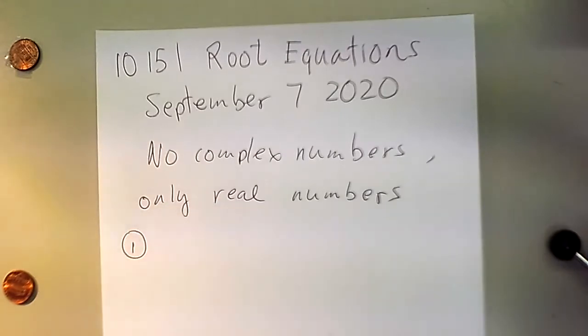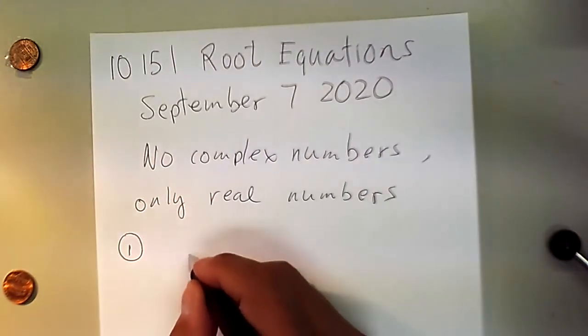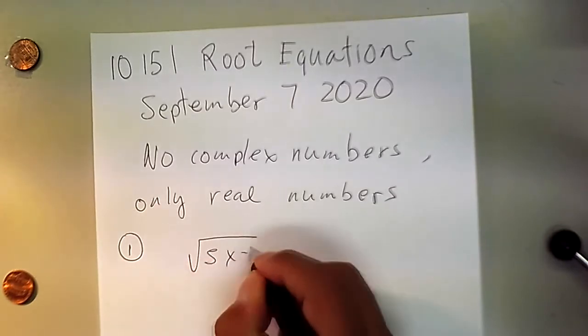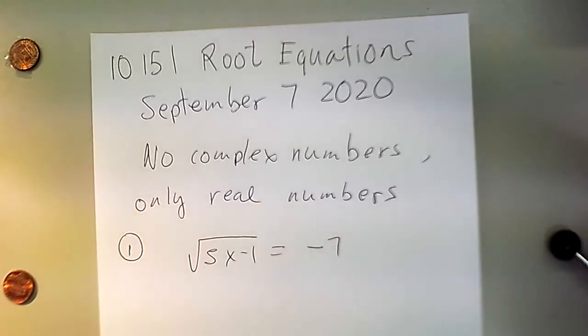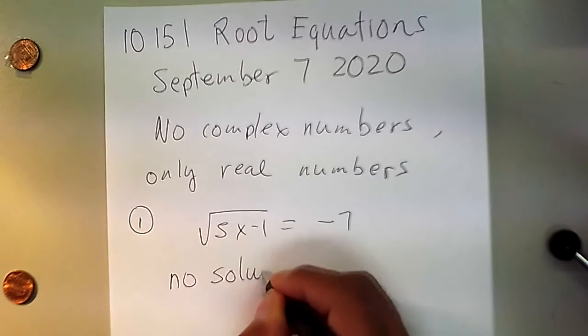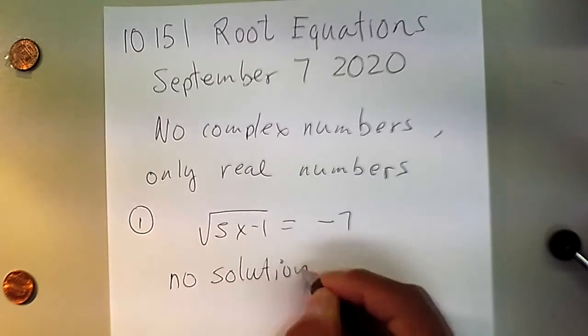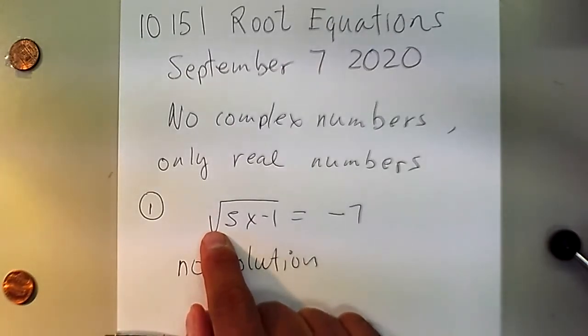Let's do a few problems. The first one is super duper easy. Okay, so the square root of 5x minus 1 equals -7. This problem has no solution. Why not? When we write down a root, we mean the principal root, and that means the positive number.